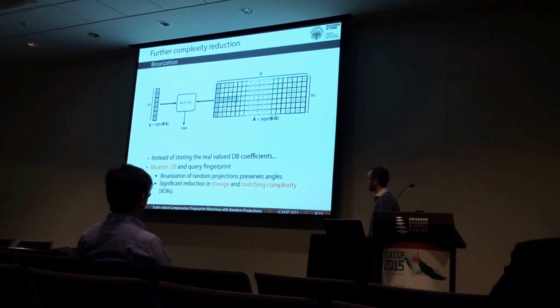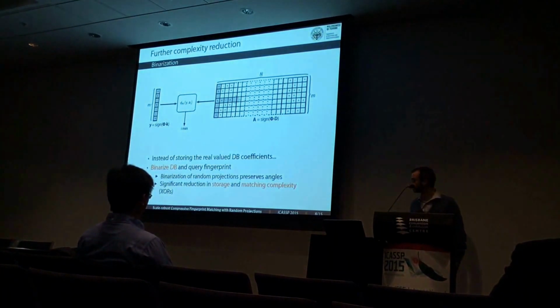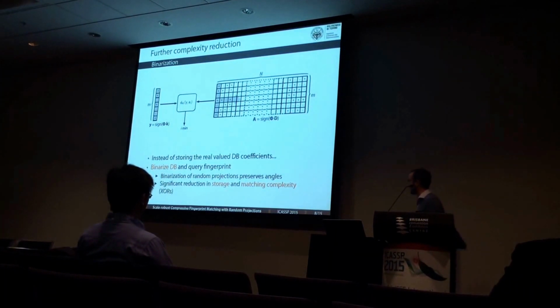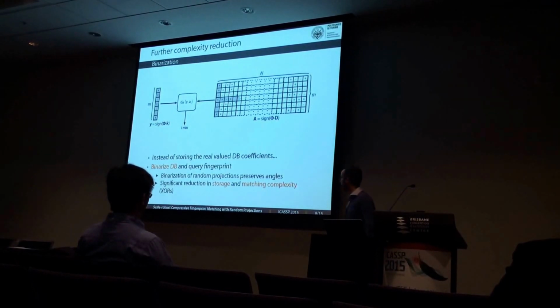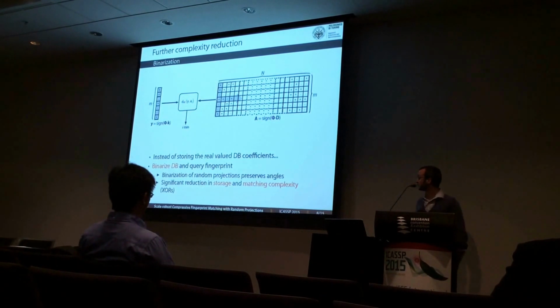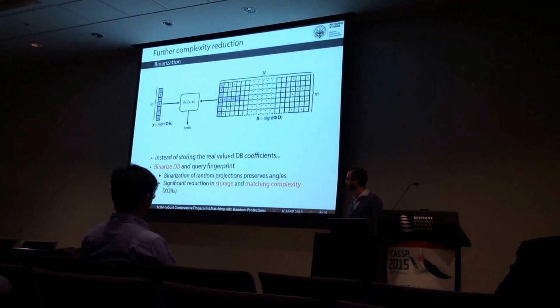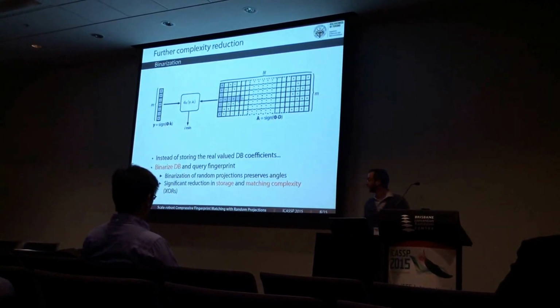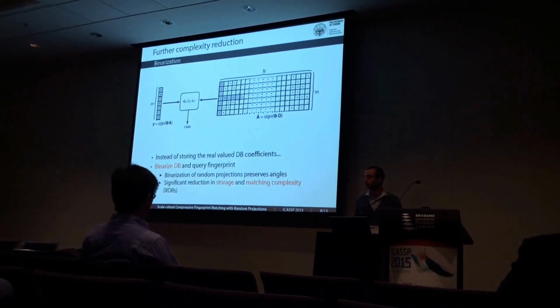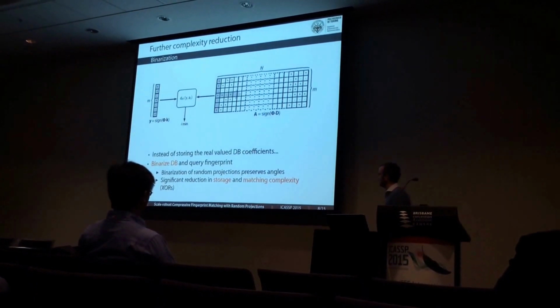The operation preserves the angles between the fingerprints, even in this binarized environment. And of course, the matching complexity is also reduced, since we substitute the correlation, which is a sum of products of real values, with basically a group of XOR blocks, which is a zero-cost, let's say, complex operation.